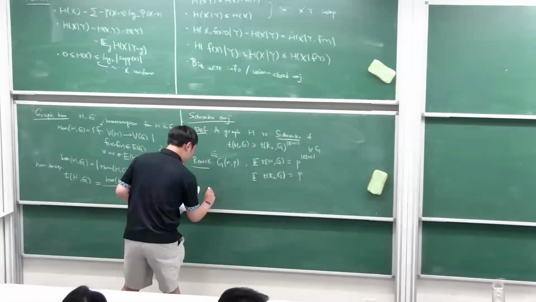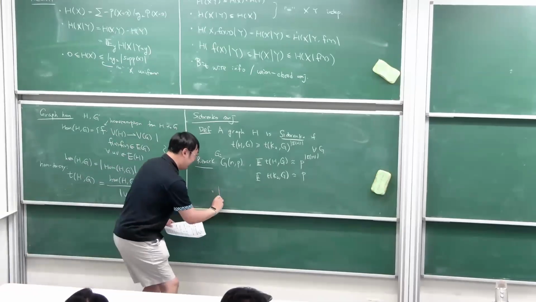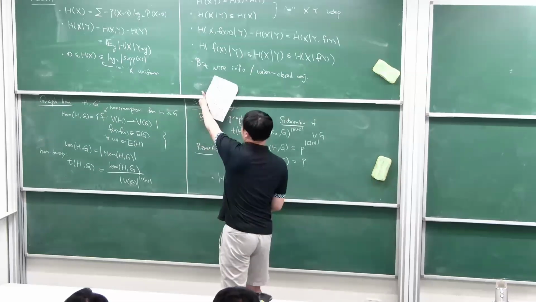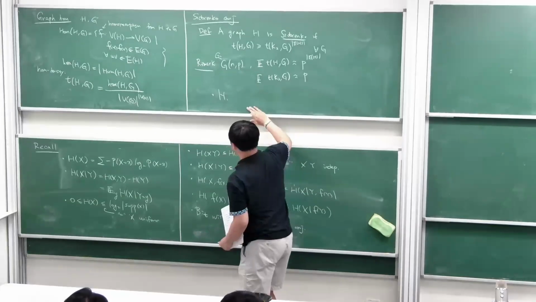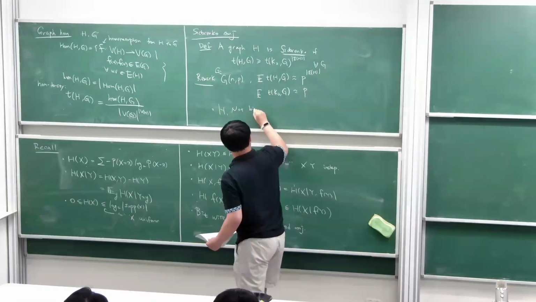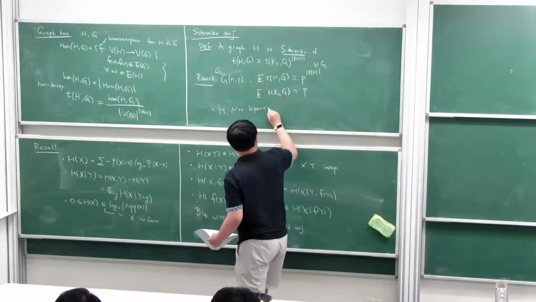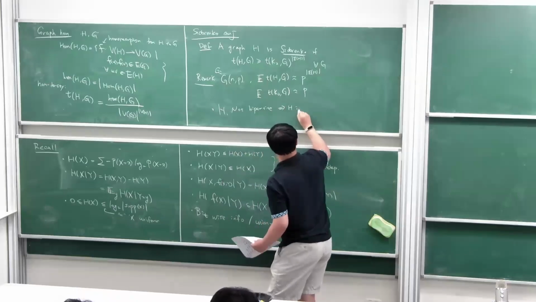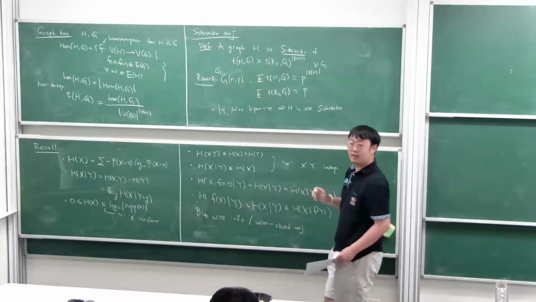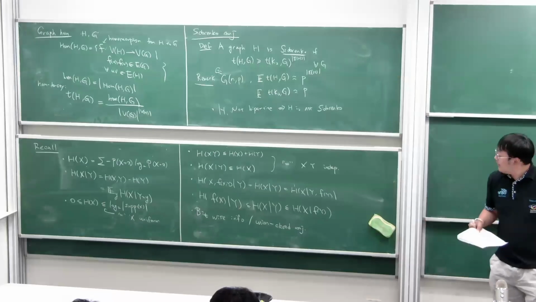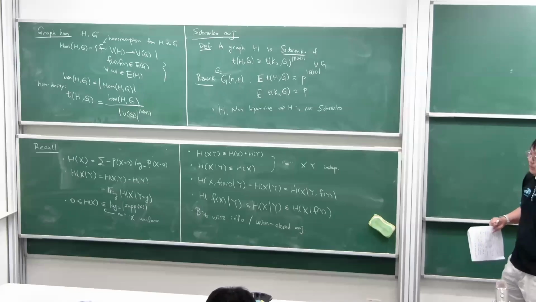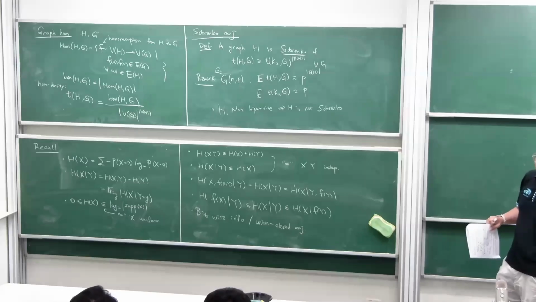Okay, and another thing is that if H is not bipartite, then H is not Sidorenko. And I guess this is not hard to see by just taking G to be a bipartite graph.